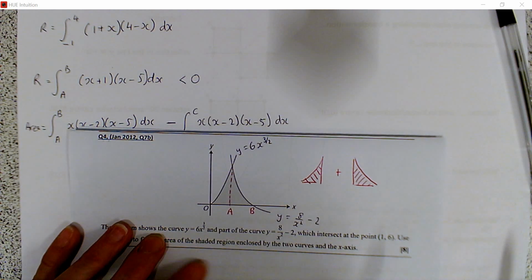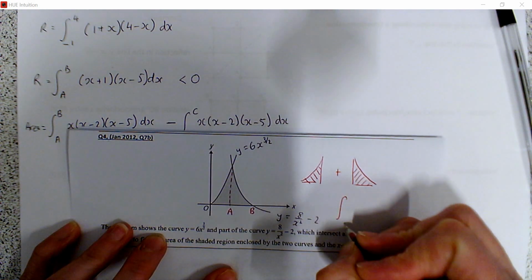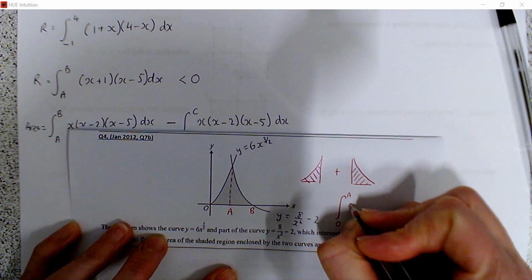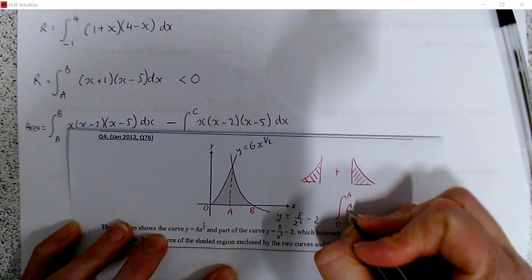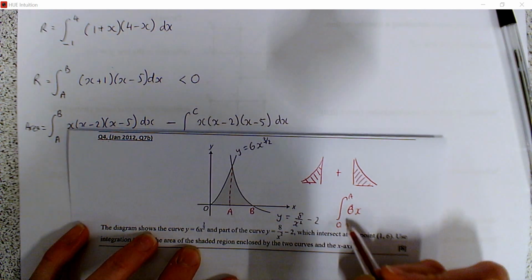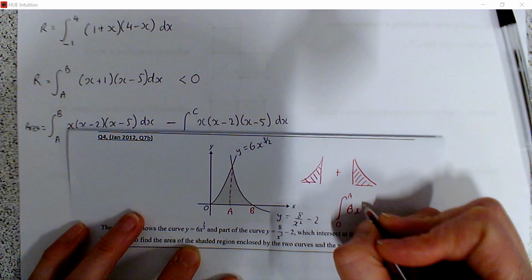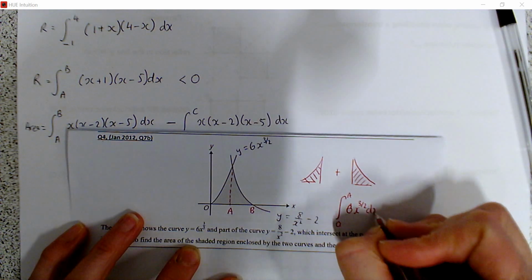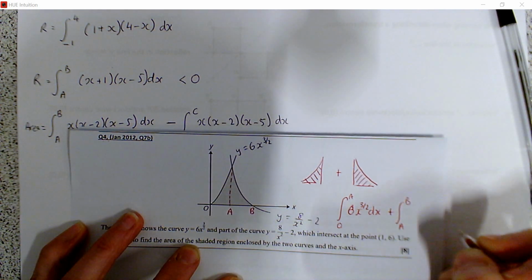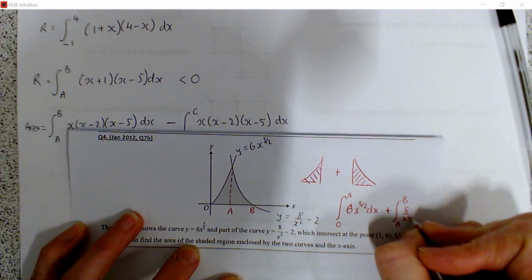So if I want the total area, then I would be integrating from 0 to A of 6x to the 3 over 2 with respect to x, and adding on from A to B of 8 over x squared minus 2.